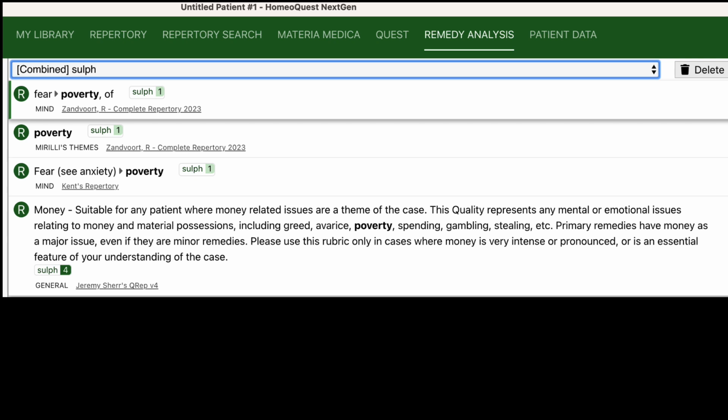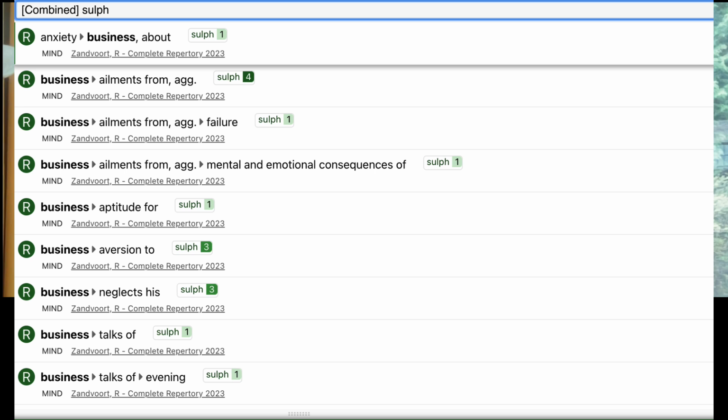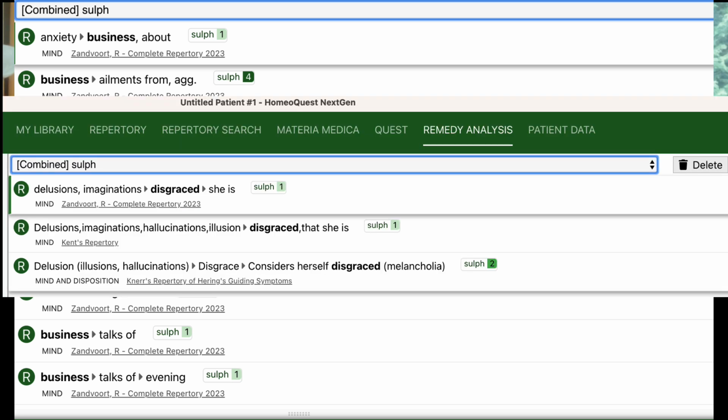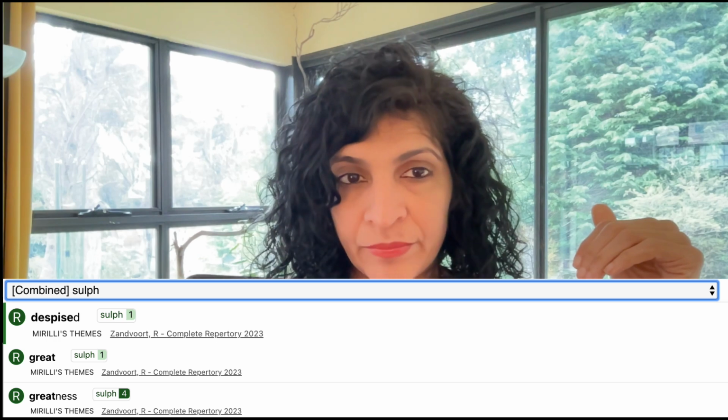So you're looking at fears. Then sulphur has a delusion he's getting thin. He's talking about business. He has delusions of being disgraced. Again, he's looking at all those deep delusions and imaginations. He imagines himself a great man, though ignorant, despises literary men and education.